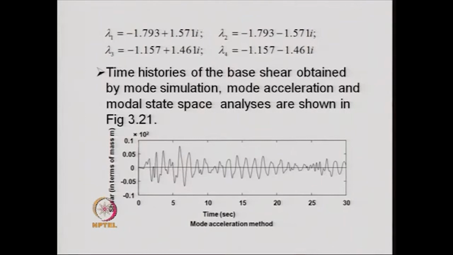The base shear is the quantity of interest over here rather than the displacement. Therefore, you can see that here we want to find the response quantity as base shear.